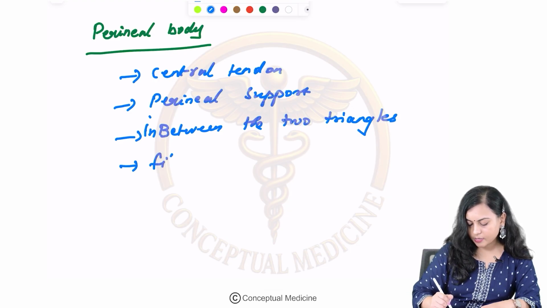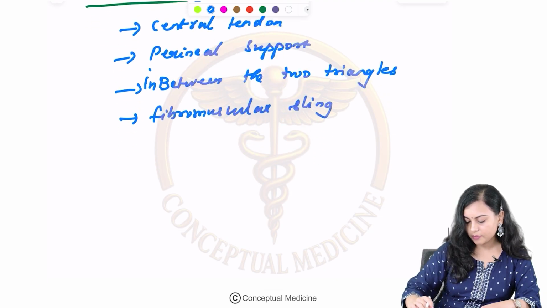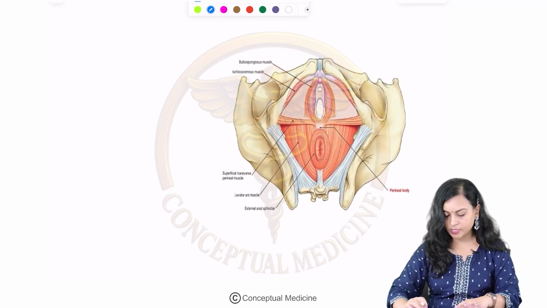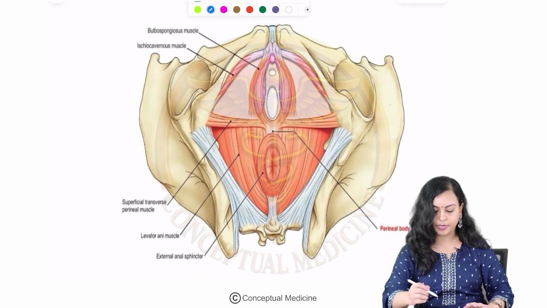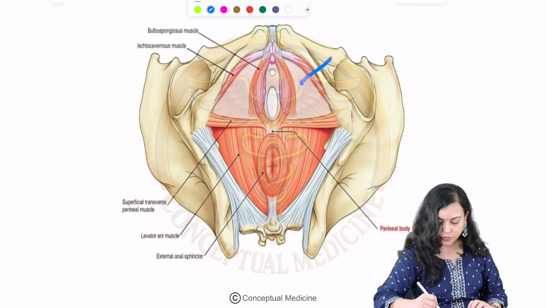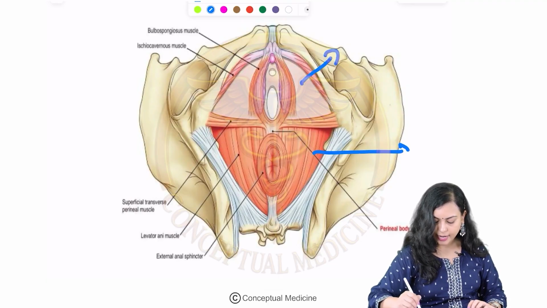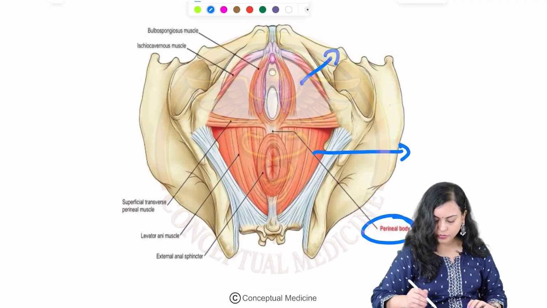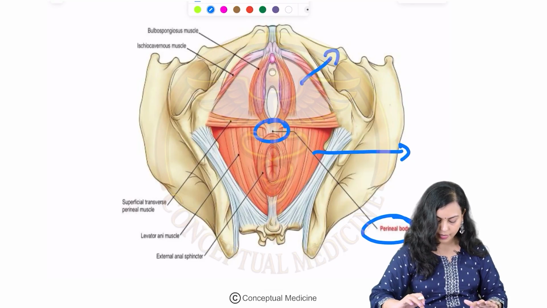So actually it is a fibromuscular sling. Okay. So if you see this picture, you will be able to understand what is a perineal body. So this is basically the urogenital triangle. This is basically the anal triangle. So in between the two junctions here, you have the perineal body.